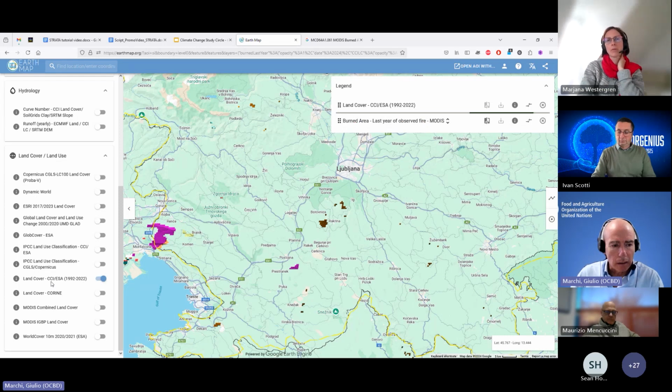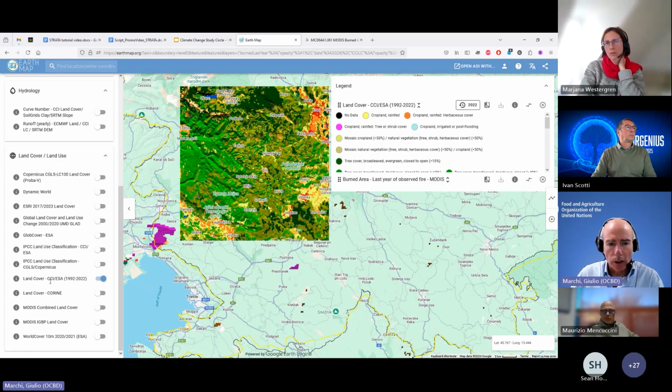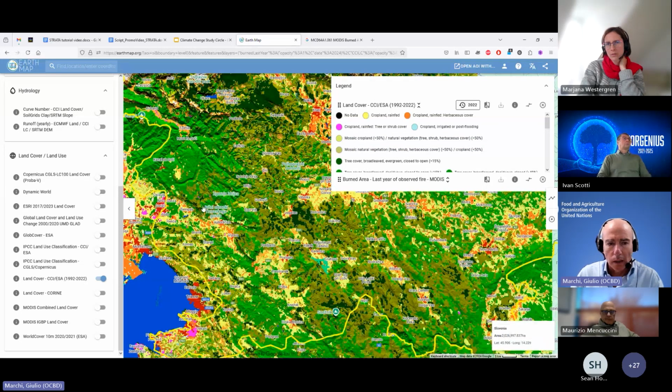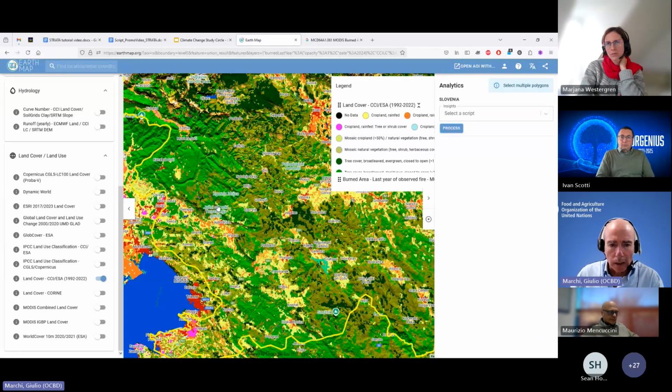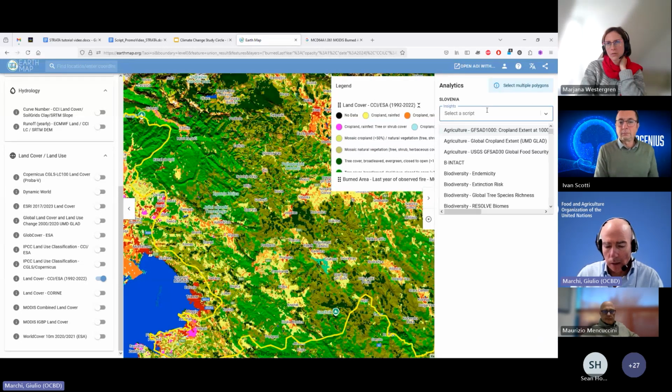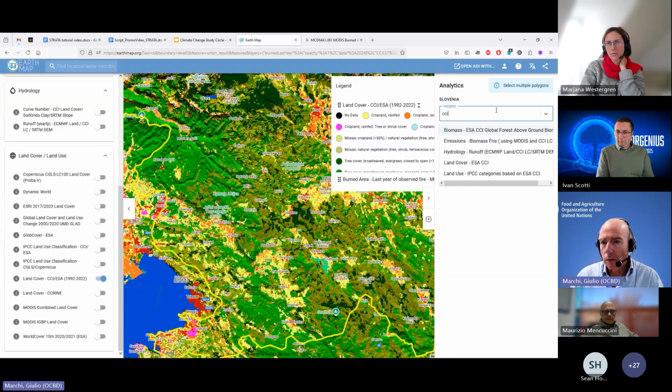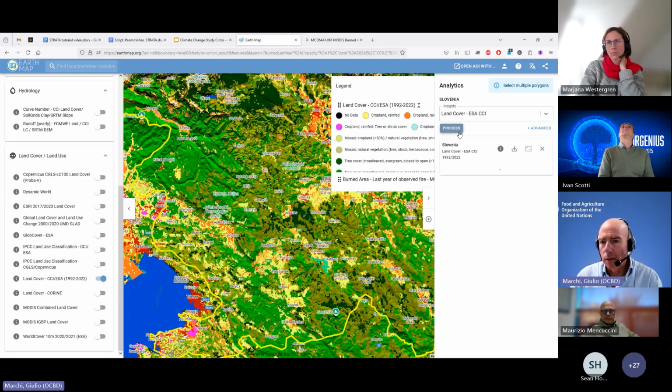In this case, this is the land cover from the climate change initiative of the European Space Agency. Even if you click on the full country and then on the right you pick the same layer, you will have the analysis being run live.